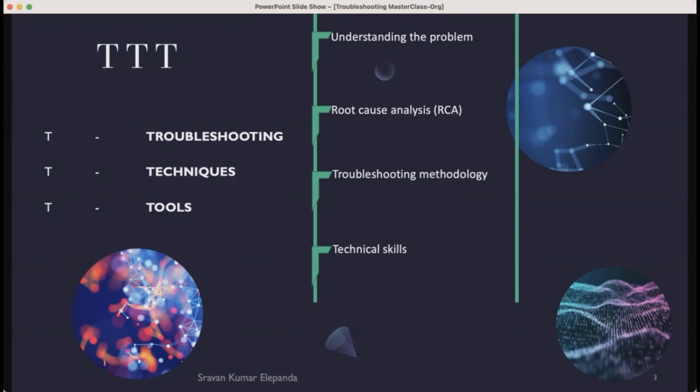But in most cases, technical doesn't necessarily mean Linux or Windows or DevOps. In any field, if you're talking about machinery, you need a machinery technical skill set. Or if you're talking about any other domain, you might need the technical skill set of that specific domain.